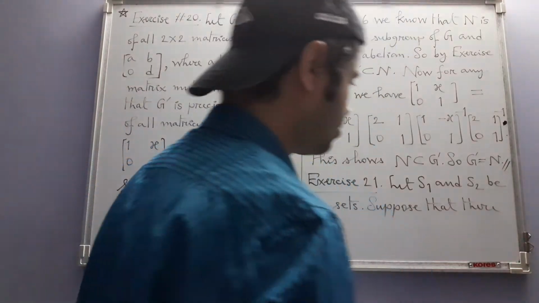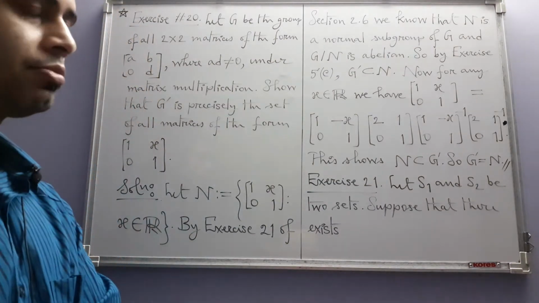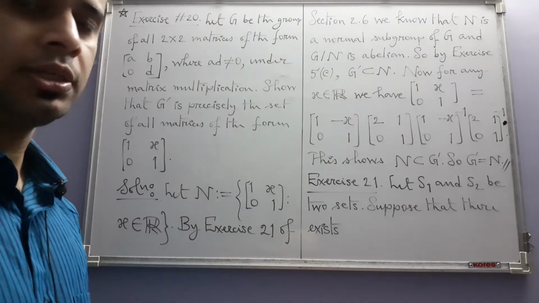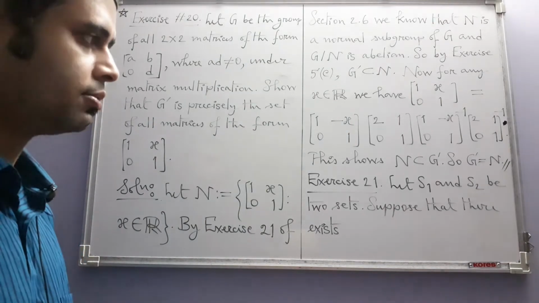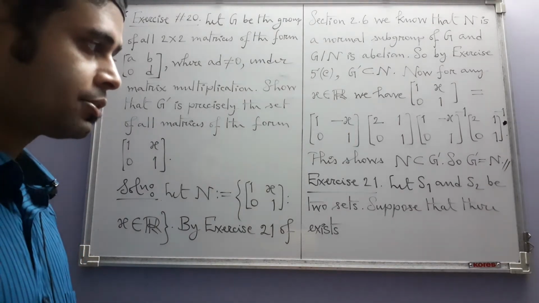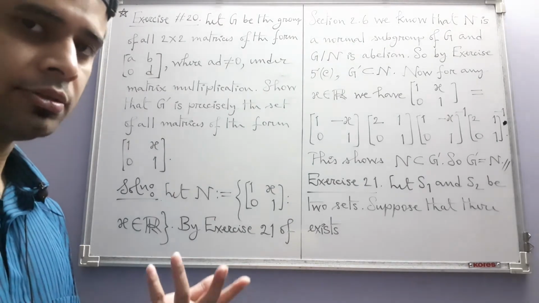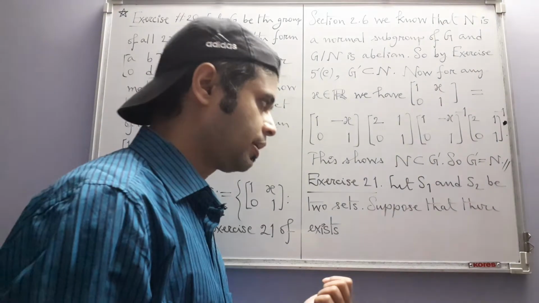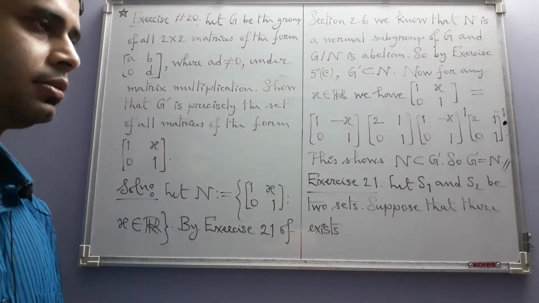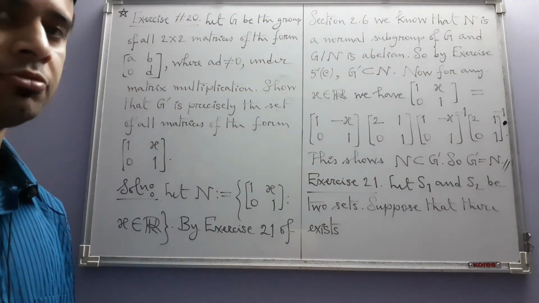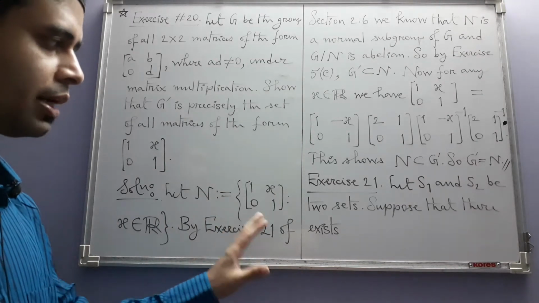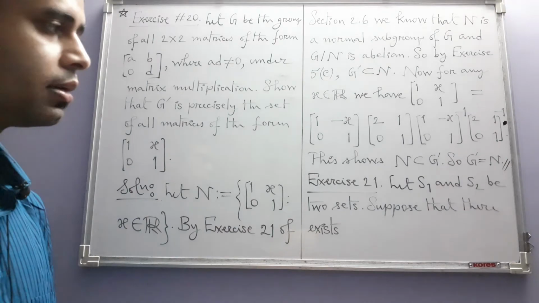Actually there is no need for S1 and S2 to be non-empty in order for there to be a function from S1 into S2, but that's not how functions have been defined in this book. Herstein does not allow anything called the empty function. That is there in Tao's analysis, but we don't have any need for that function here.